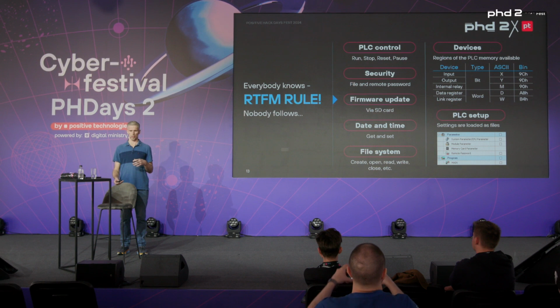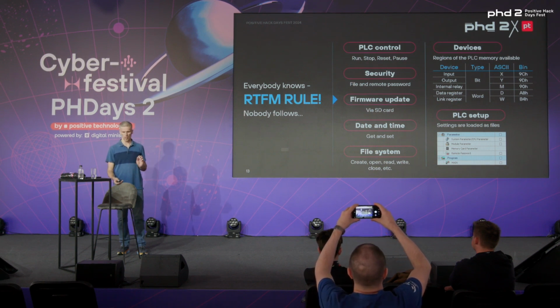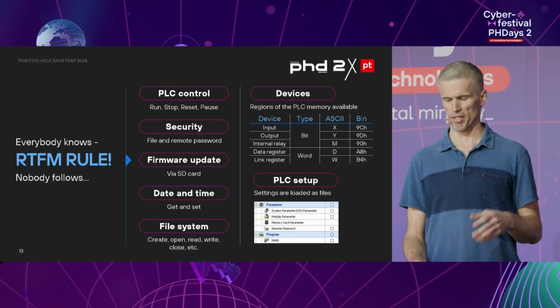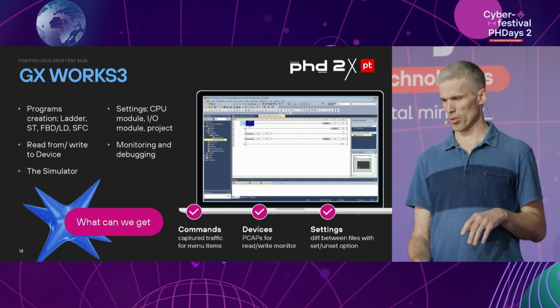There is a file system. There are devices, different areas of the memory that you can call and derive some variables out of them and record them. And I learned also that this PLC can be controlled with files. It can be configured with files.